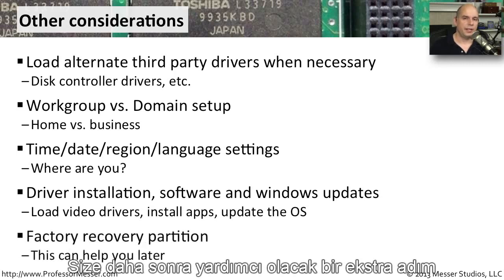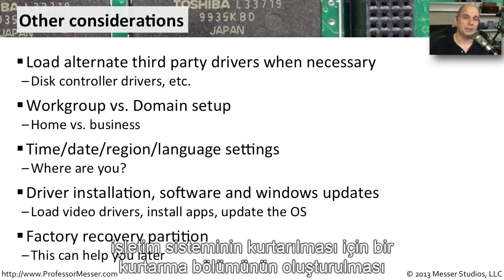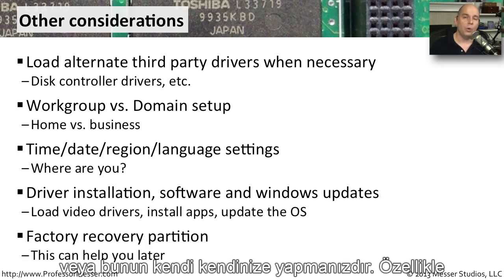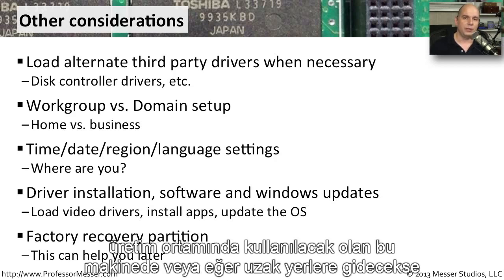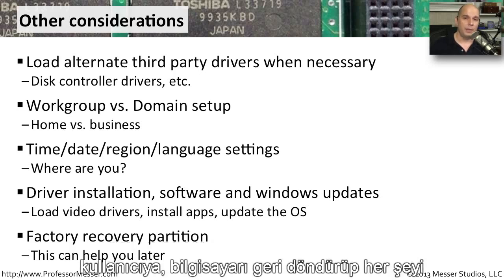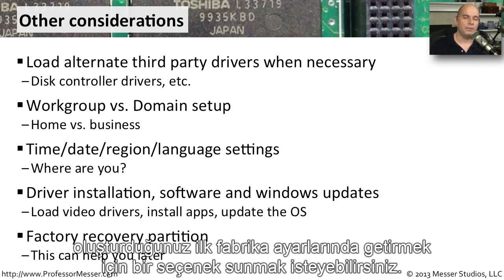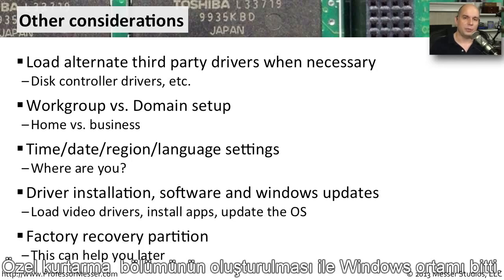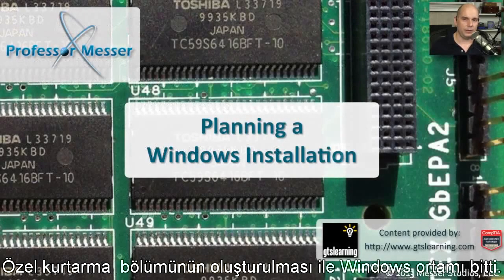And one extra step that might help you later is to either make sure that the operating system has created a recovery partition when it installed the OS, or you may want to build one yourself, especially if this machine is going to be used in a production environment or if it's going to a remote site. You may want to give the user of that computer an option to reset everything back to the very first factory default state that you've created by building out a special recovery partition in that Windows environment.